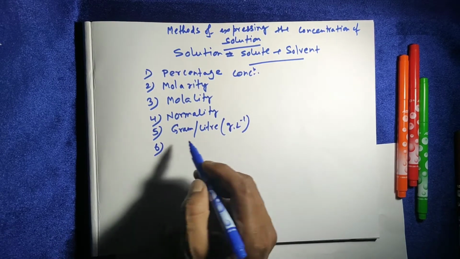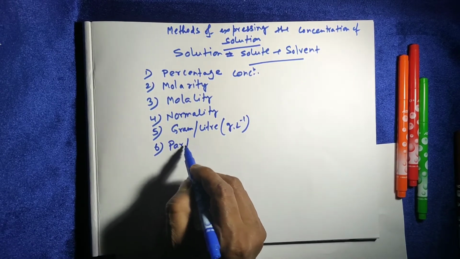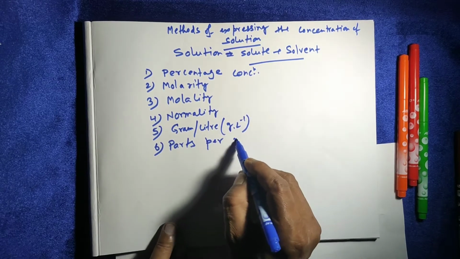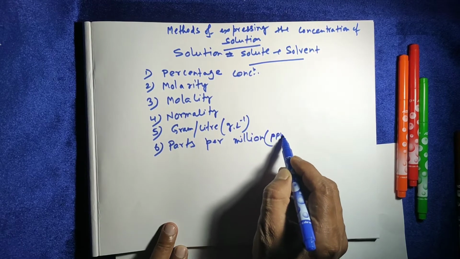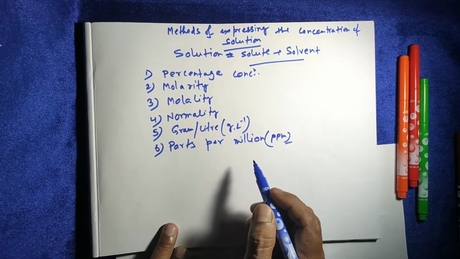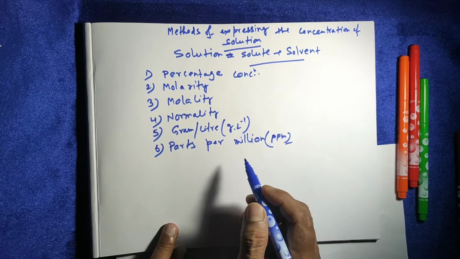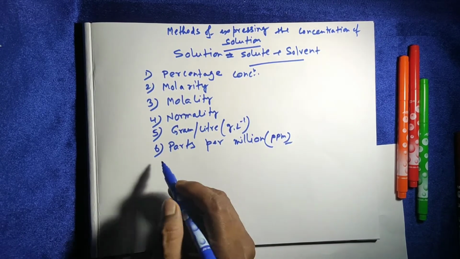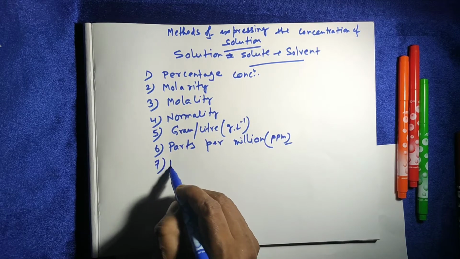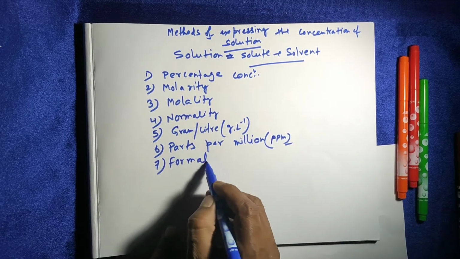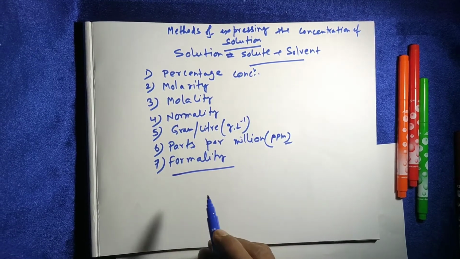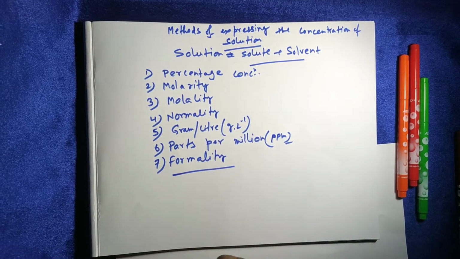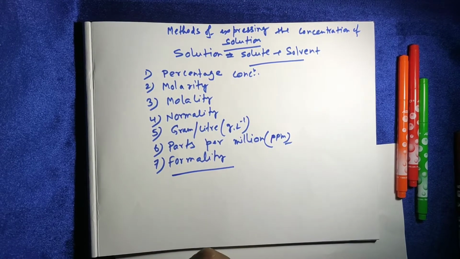Number six, parts per million, you can say ppm. And another one is number seven, formality. So in today's class I'm going to discuss this percentage concentration.